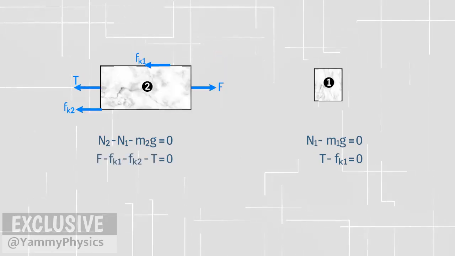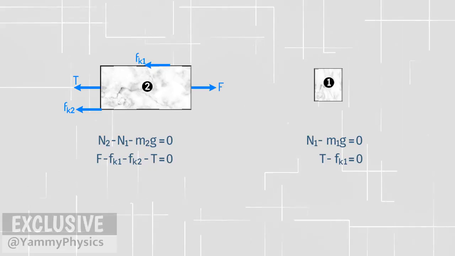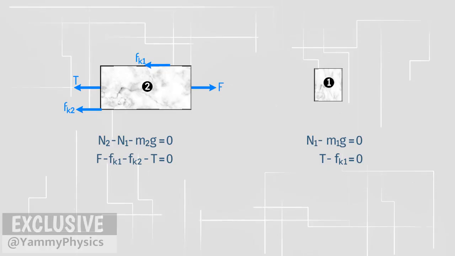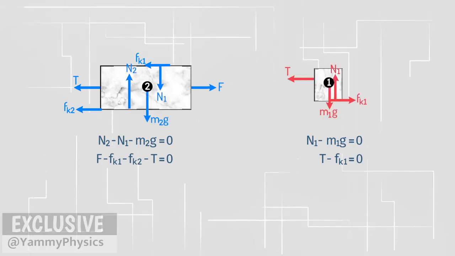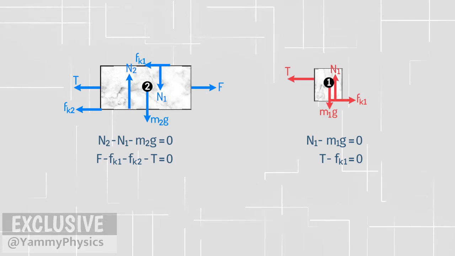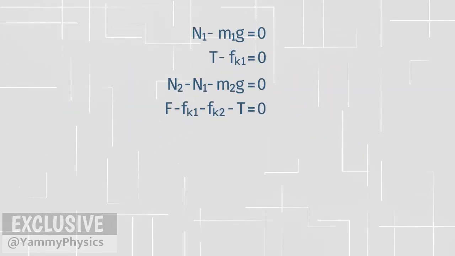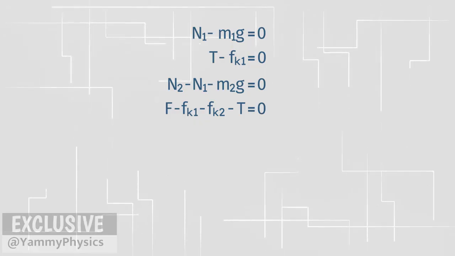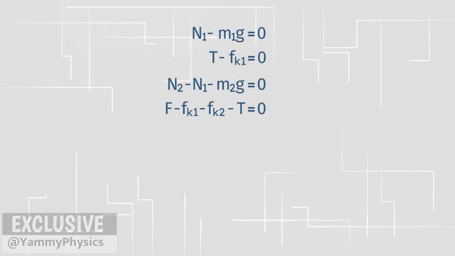F minus Fk1 minus Fk2 minus T is equal to 0. The resultant force is 0, because this system is moving at a constant speed. These are the 4 equations of motion for objects m1 and m2. Knowing these 4 equations, we can calculate the magnitude of the external force.